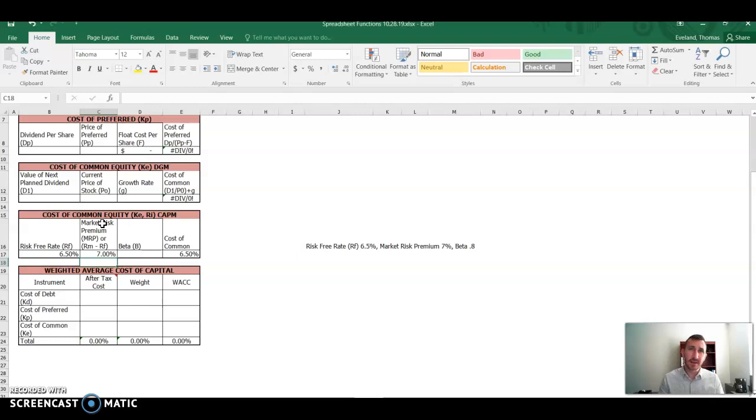So the market rate of 13.5% minus a risk-free rate of 6.5% in this case gives us a market risk premium of 7%.